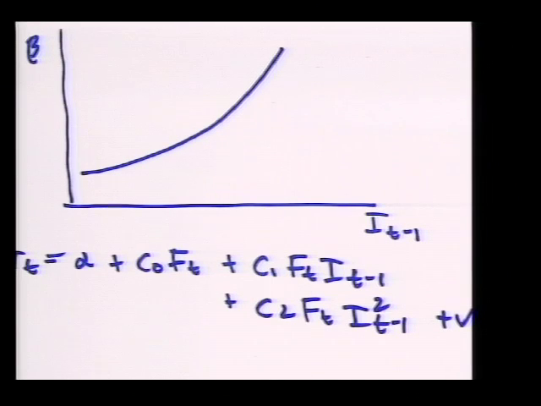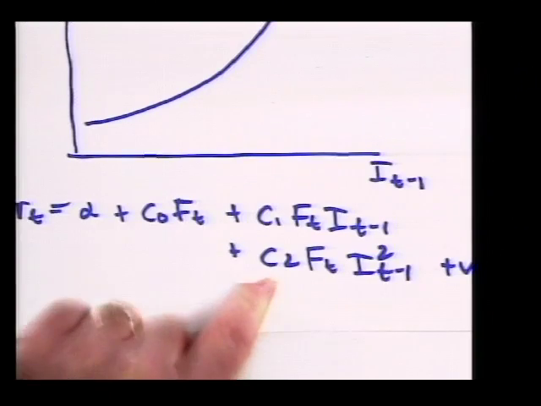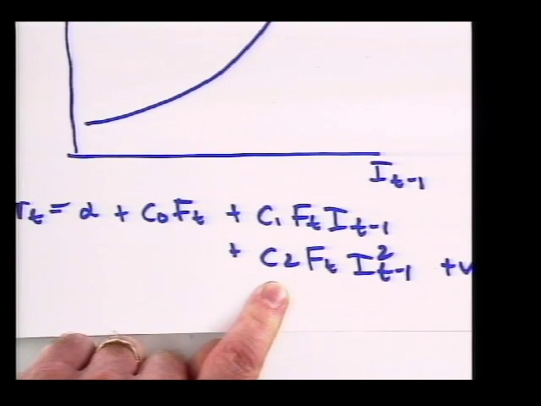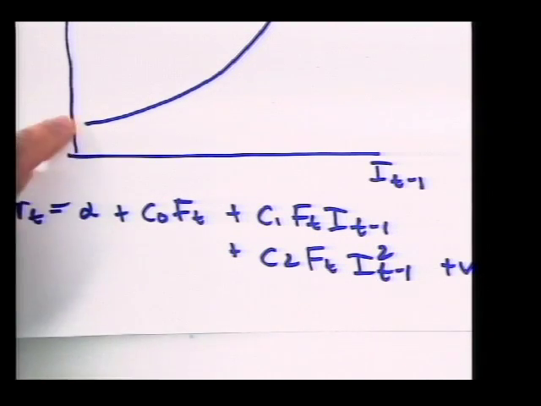So how do we test whether the quadratic is important? C2. Is this coefficient significantly different from 0? That's it. Okay. Now, if we actually graphed it and saw this, the likelihood is that it is significant. So this is a way to get betas to change through time.